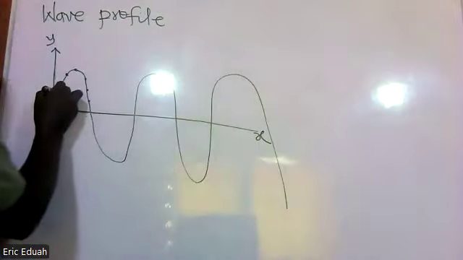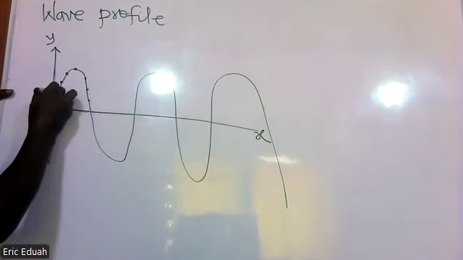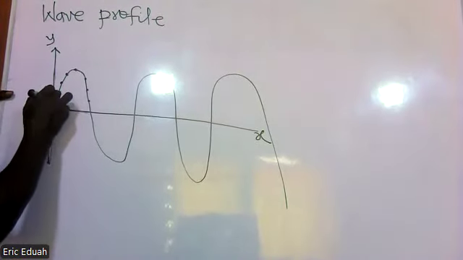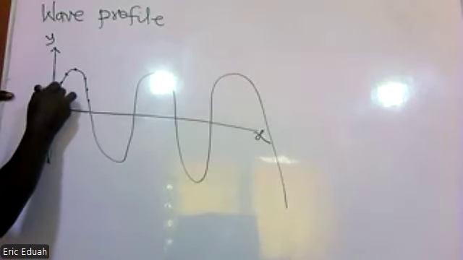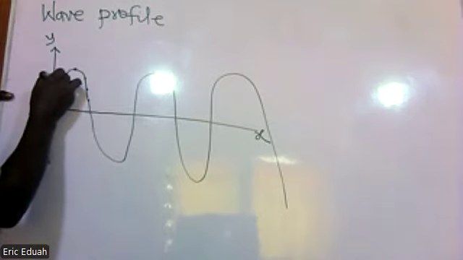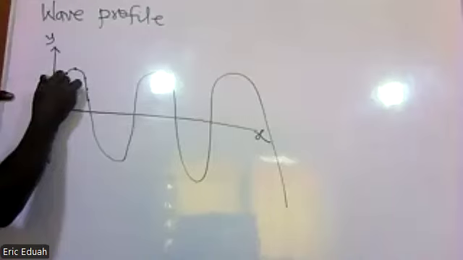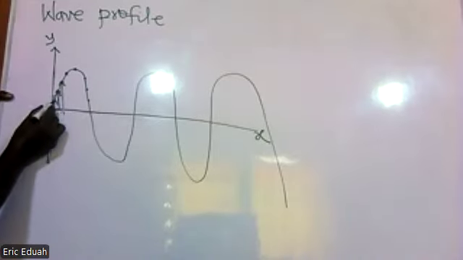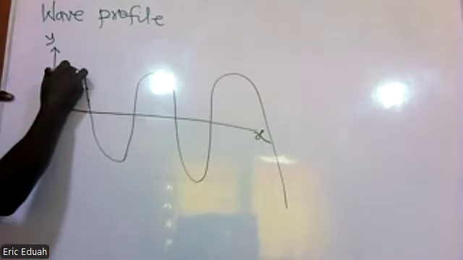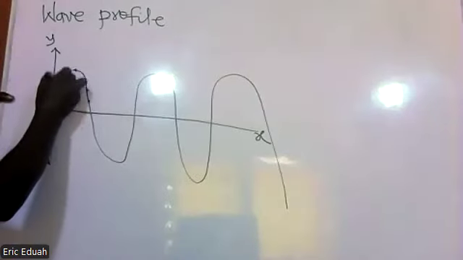So the points indicated as dots represent the vibration of the particles above the equilibrium position. Over here, some particles are vibrating a little, and some of them are vibrating so much.